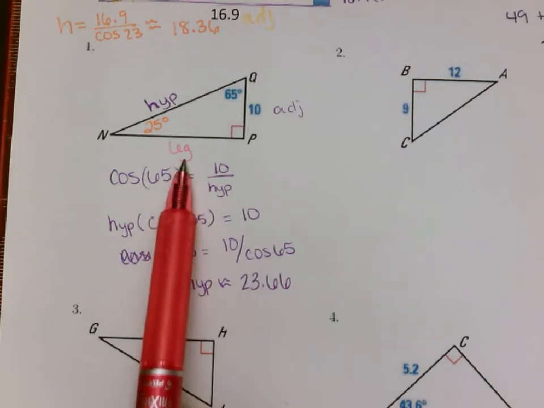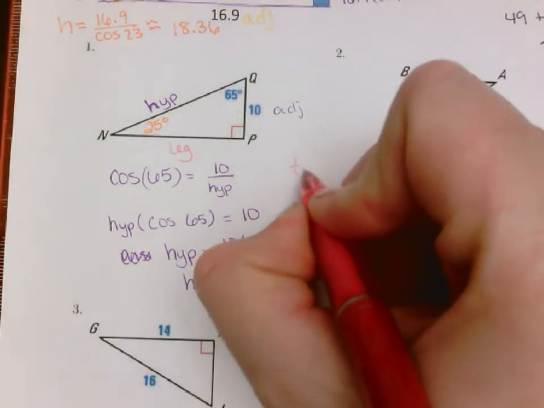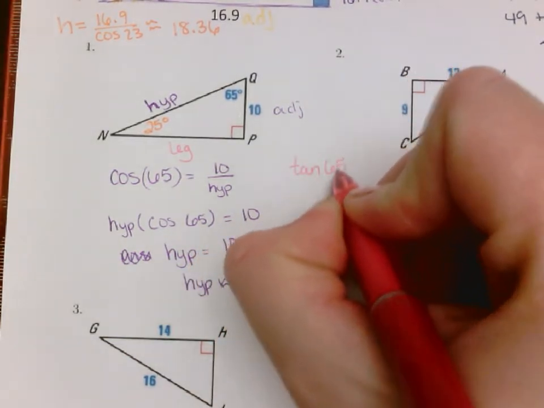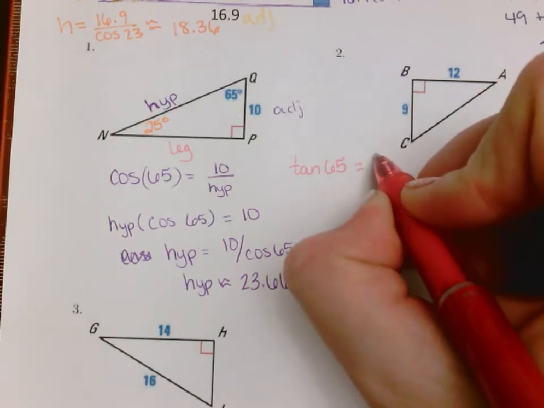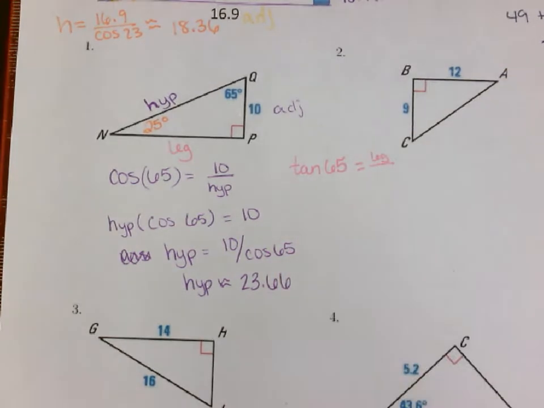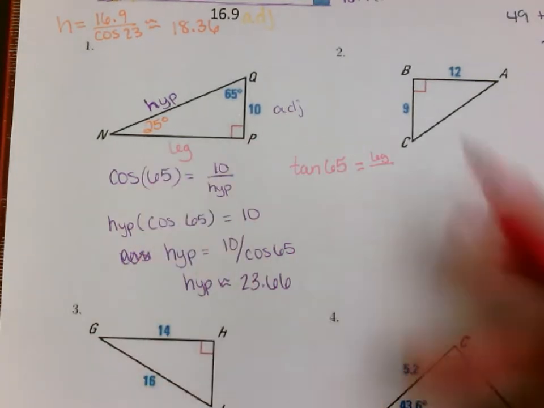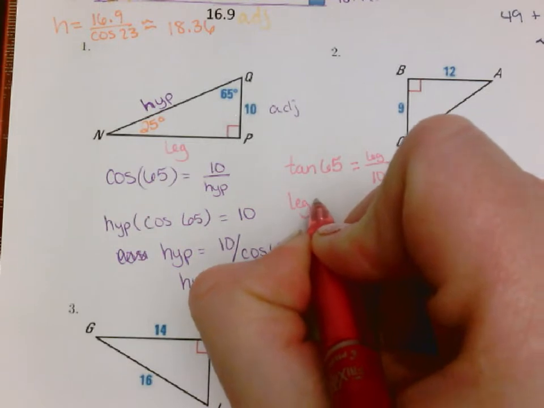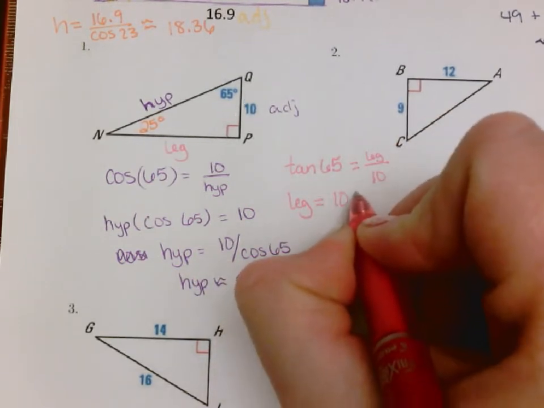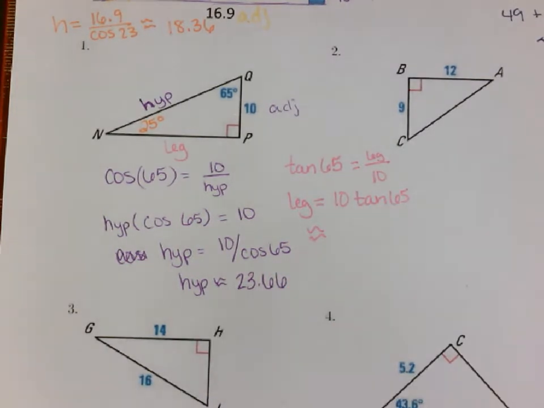With the leg, this is adjacent, this is opposite, so I would be using tangent. Tangent of 65 is equal to the leg, or opposite, over adjacent, which is 10. So the leg is equal to 10 times the tangent of 65, which is approximately 21.45.